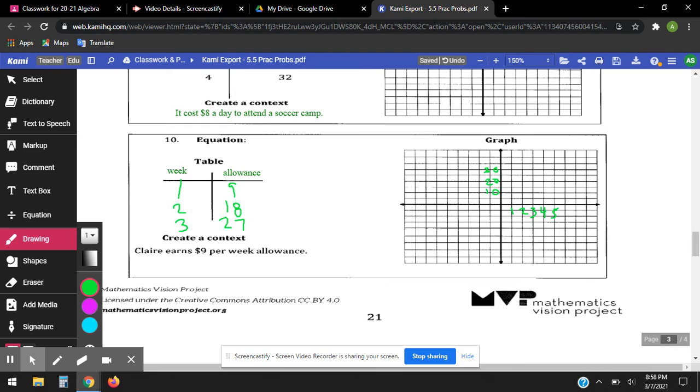Don't have room to write too much. So 1 is 9, 2 is 18, 3 is 27, which is kind of right here. And again, doesn't get anything in between. So y equals, looks like a 9x to me. It starts at 0, 0, and goes from there.